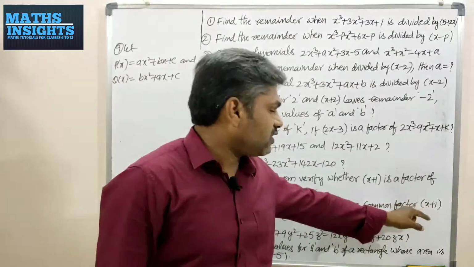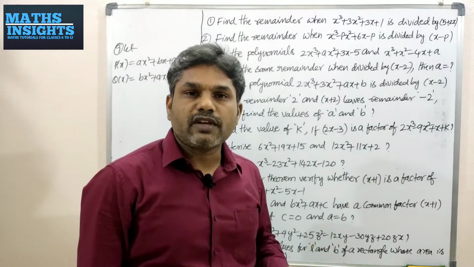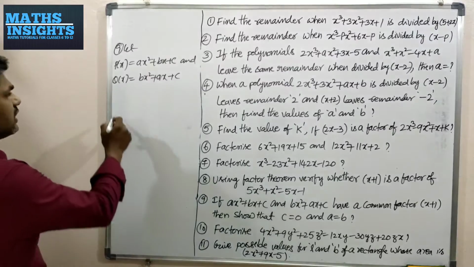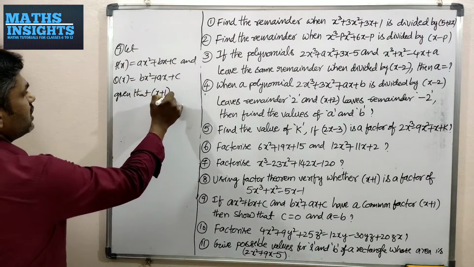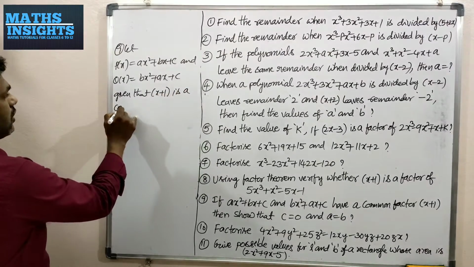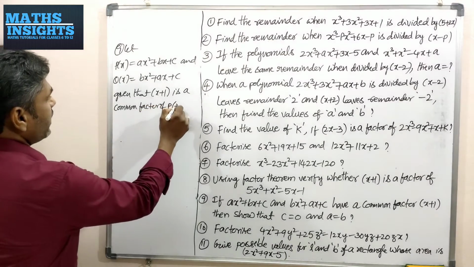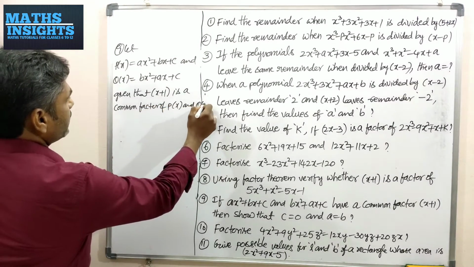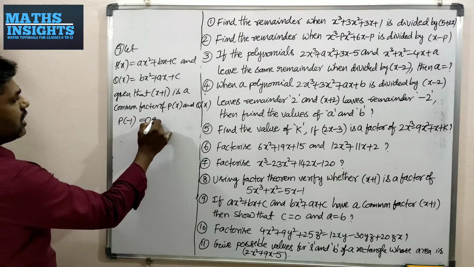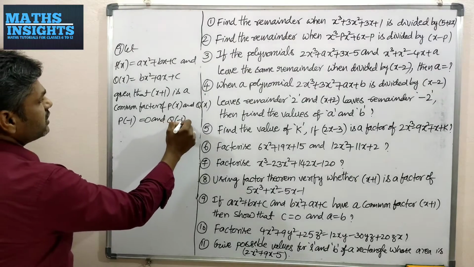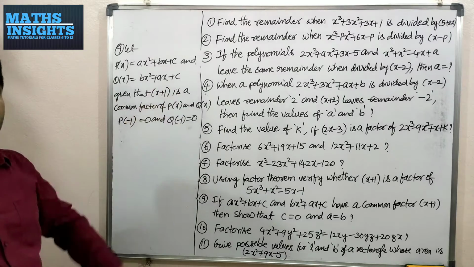Given that x plus 1 is a common factor of p of x and q of x, therefore p of minus 1 is equals to 0 and q of minus 1 is equals to 0. Why? Because x plus 1 is equals to 0 means x will become minus 1.